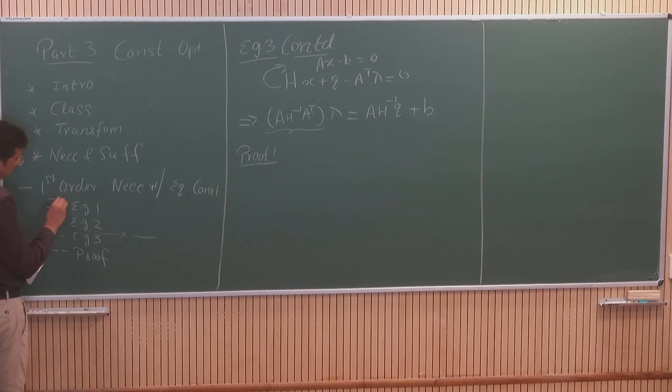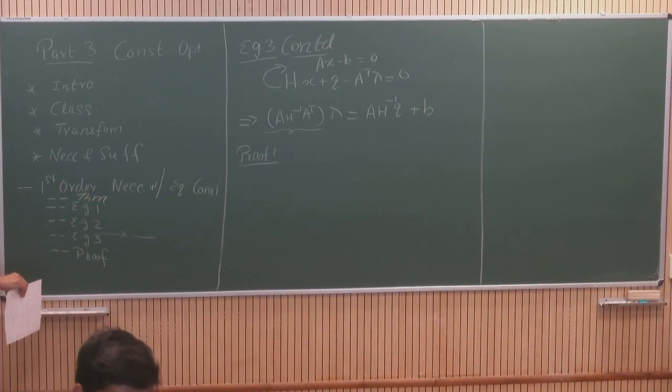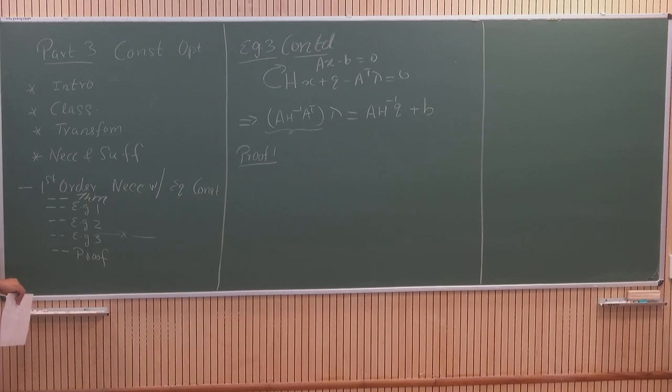What was the theorem? Can somebody recall? If x star is a local minimizer of the constraint optimization problem with equality constraints, then it should satisfy the constraints a_i of x equal to 0, and the gradient of the function is a linear combination of the gradient of the constraints.